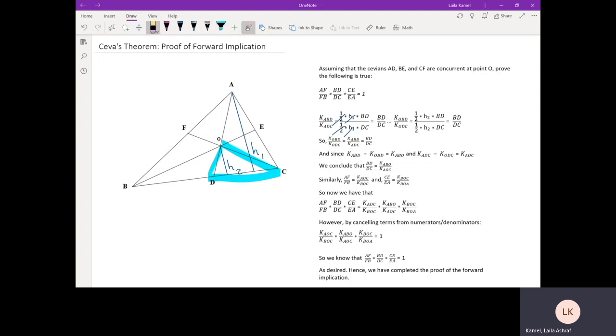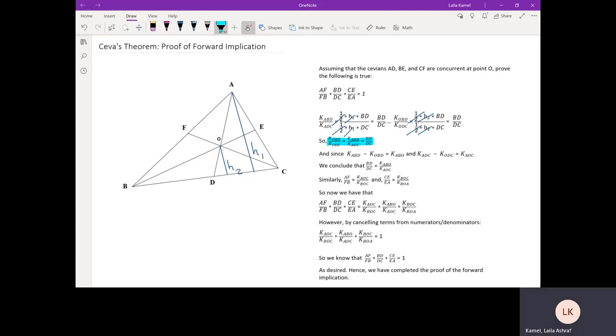Similarly, we cancel like terms there, and we see that the ratio between these two areas is also BD over DC. So we conclude that the area of OBD over the area of ODC is equal to the area of ABD over the area of ADC, which is equal to BD over DC.